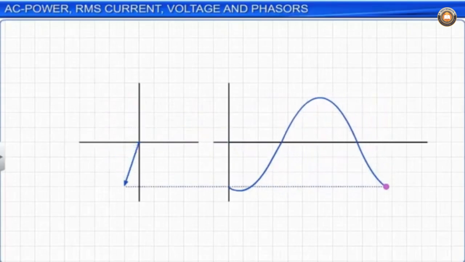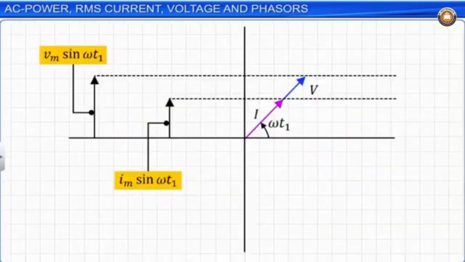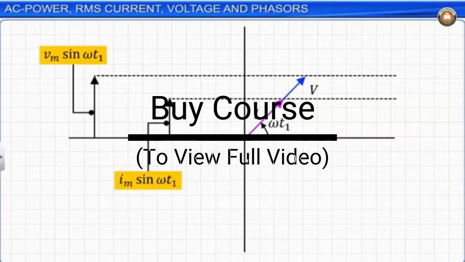To get the physical values of the sinusoidal varying quantities, such as AC current I and AC voltage V, we take the vertical component of the phasors, I and V, respectively. The magnitude of phasors, V and I, signifies the maximum or peak amplitudes of the quantities.